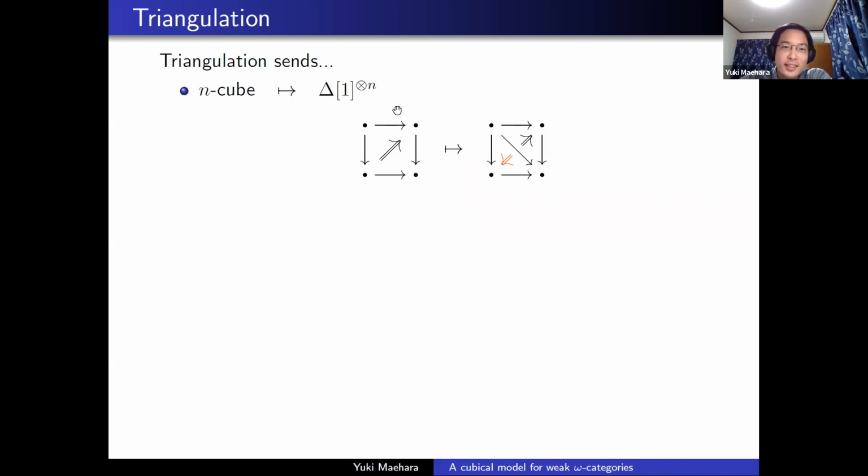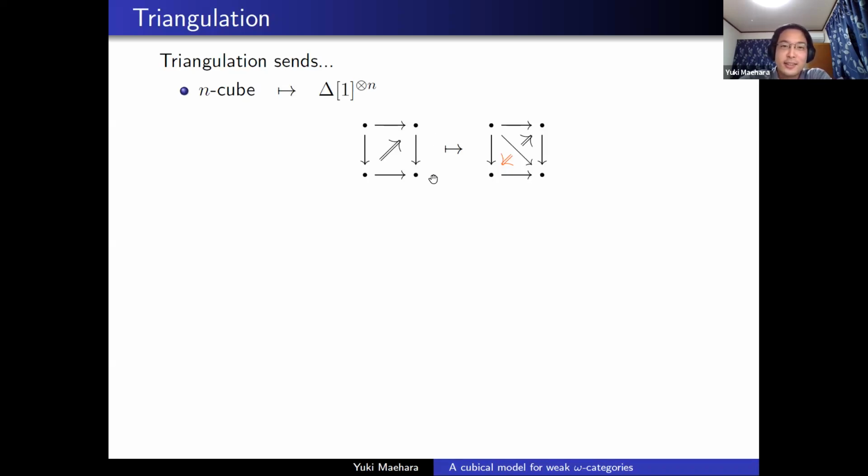But the Gray tensor product does something on the marking. In this particular example, it ends up marking one of the 2 simplices. So this marked simplex is basically saying that the diagonal here is the composite of these 2 arrows. So this picture is more or less the same as this picture on the left.